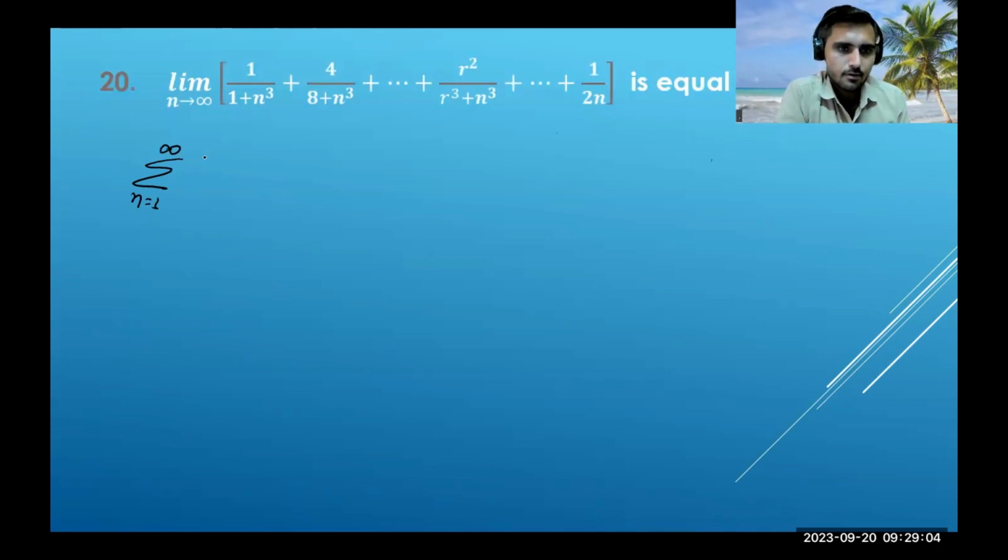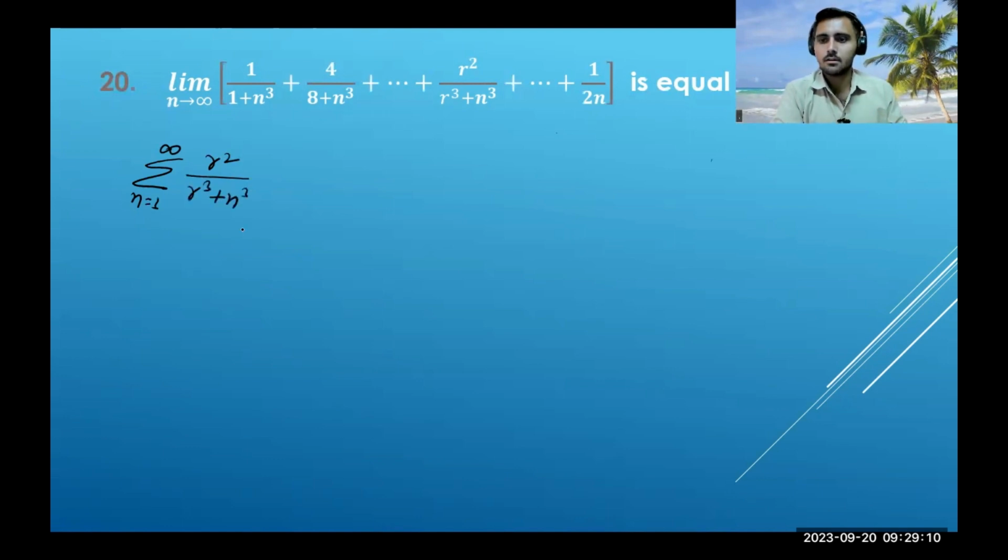And we have r square upon r cube plus, we write the rth term first, right? Summation means we have to add all the terms while putting n equal to 1, n equal to 2, n equal to 3. Many terms up to infinity will be generated, so we need to add them, right?